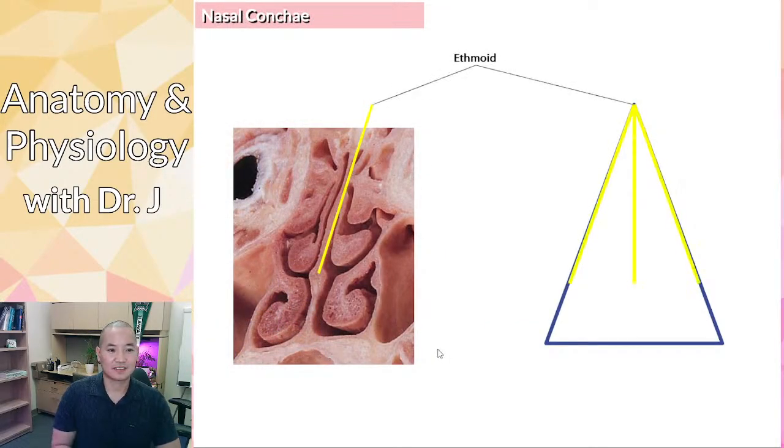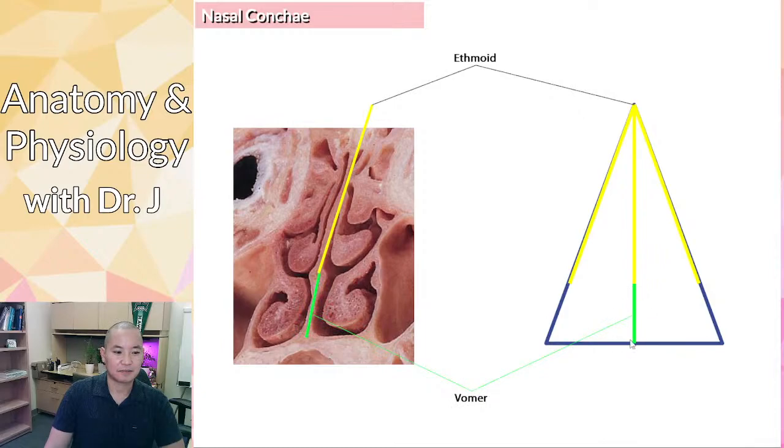So this is a nice diagram I learned, one way you can think of the nasal cavity and the bones that form it. The ethmoid is kind of like an E turned on its side. It forms the upper part of the nasal cavity and also the nasal septum.